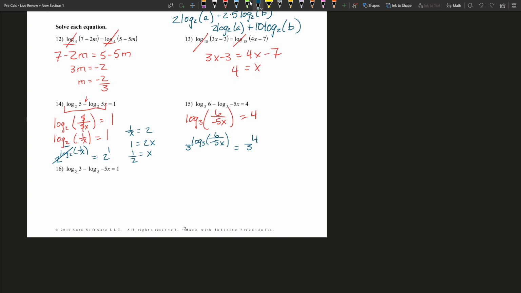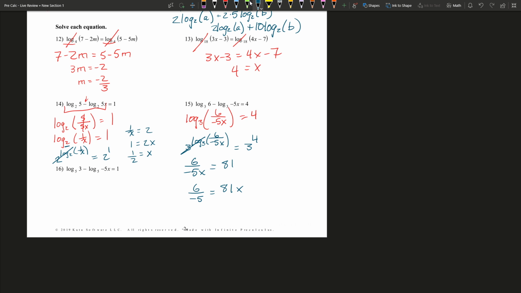This 3 and log base 3 cancel, so we're left with 6 divided by negative 5x is equal to 81. If you multiply by x on both sides, you get 6 divided by negative 5 is equal to 81x.